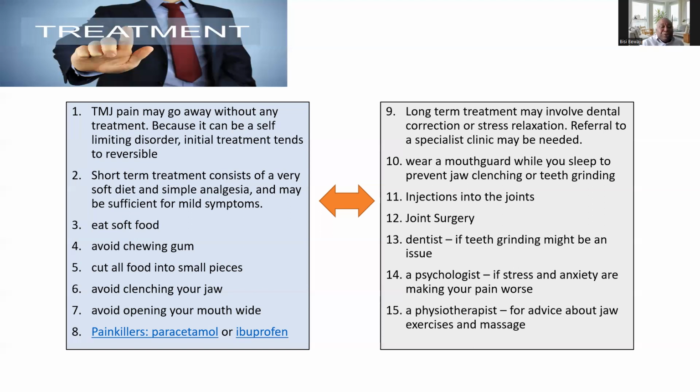Soft diets, you say soft food in the sense that the softer the food, the less muscle activity you're doing, and the more you're resting the muscles and they can recover. I describe it to patients like this, especially when there's pain in the muscle. It's almost as if you're going on a run. When you run, after a while, your muscles start to ache because of lactic acid buildup in them, which causes inflammation.